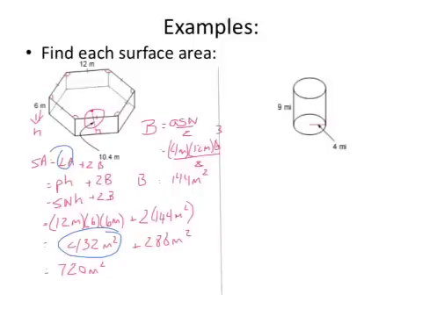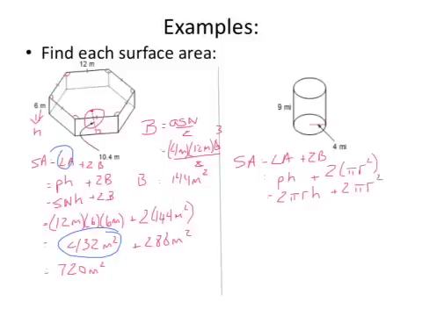Now let's take a look at the surface area of a cylinder. Remember, we're still going to use the same formula. So surface area equals the lateral area plus 2 times the base. Since we're dealing with a cylinder, my lateral area again is my perimeter times my height. My perimeter is my circumference, so 2 pi r h. And my base is going to be pi r squared. So I end up with plus 2 pi r squared.